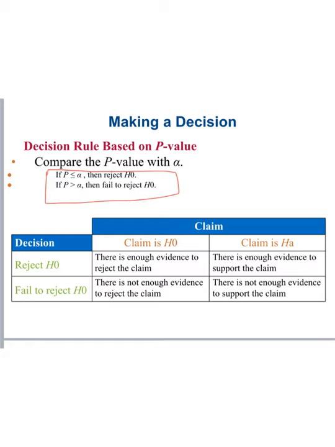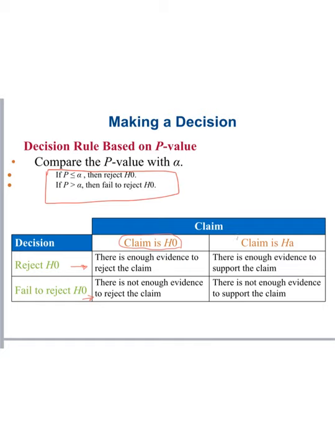Okay. So here's how we phrase our final decision. The claim can be in either the null or the alternative. If the claim is the null hypothesis and we reject the null hypothesis, there is enough evidence to reject the claim. If the claim is the null but you fail to reject the null, there is not enough evidence to reject the claim.